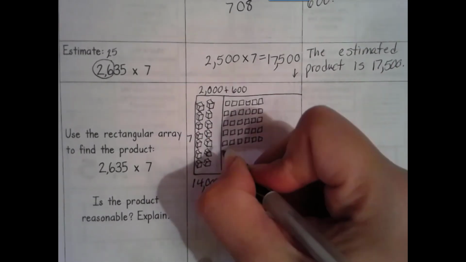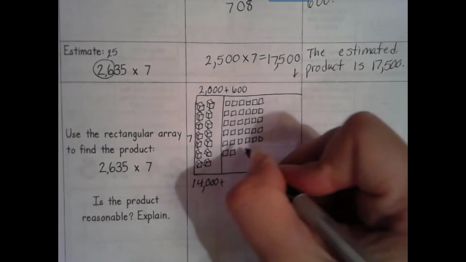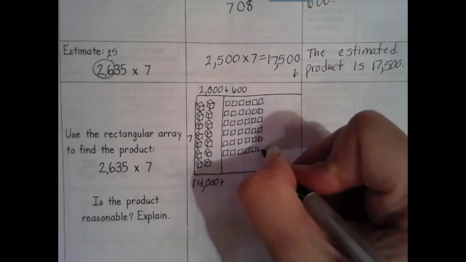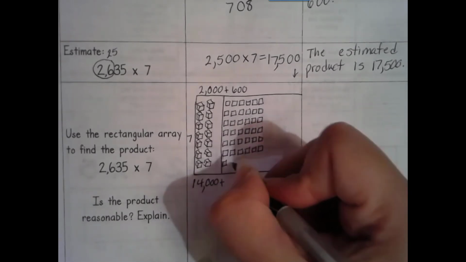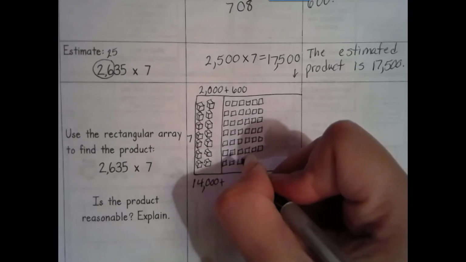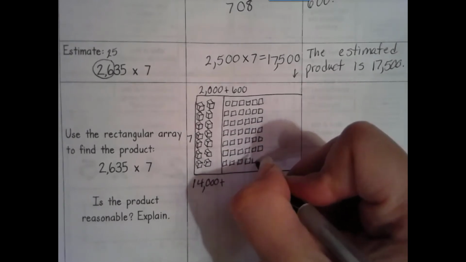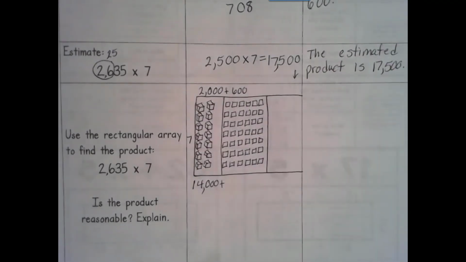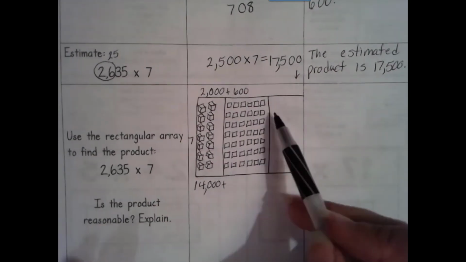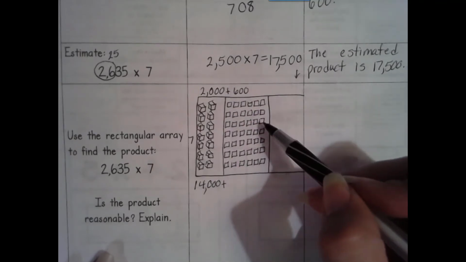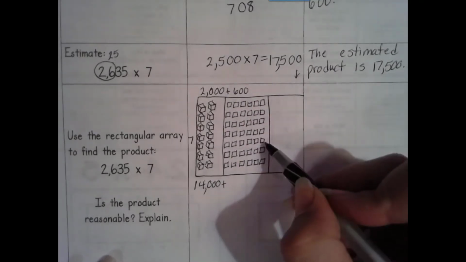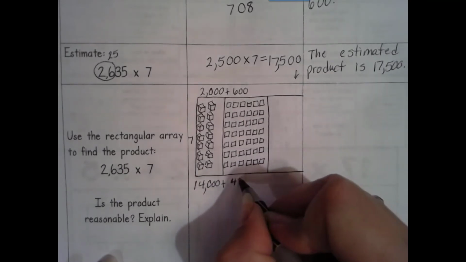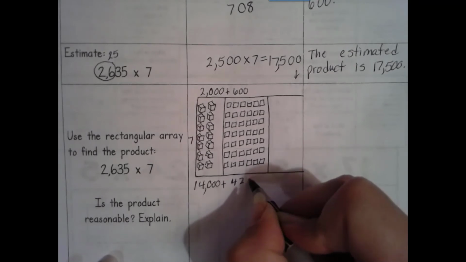I have 5 groups so far. So my 7 groups of 600. So you could count each one. 6, 12, 18, 24, 30, 36, 42 hundreds.